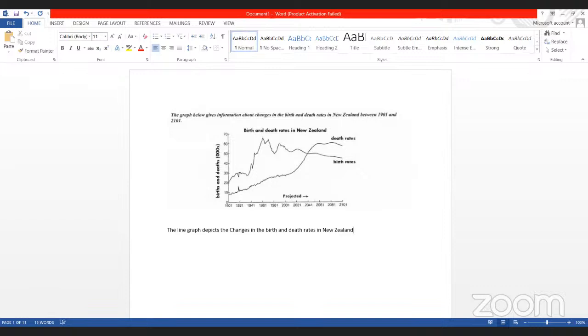Now we are coming to the time frame. So we need to use a preposition, from, and the start year. And now you know that it goes to the future, right?